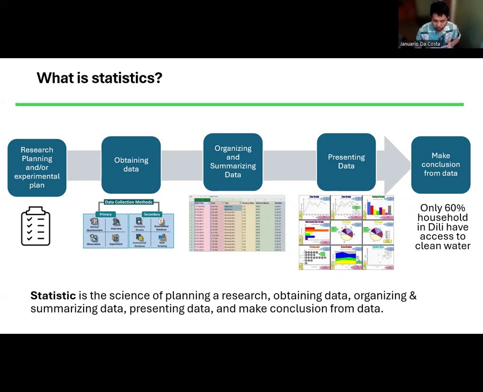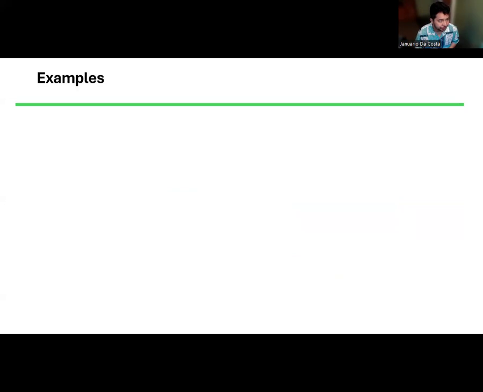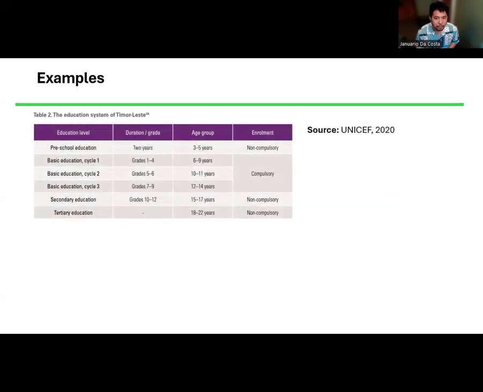Okay. Now, for example, this is data from UNICEF 2022, where they collect data on the education system in Timor-Leste. So pretty much they said, basic education or primero ciclo is from grade 1 to grade 4.